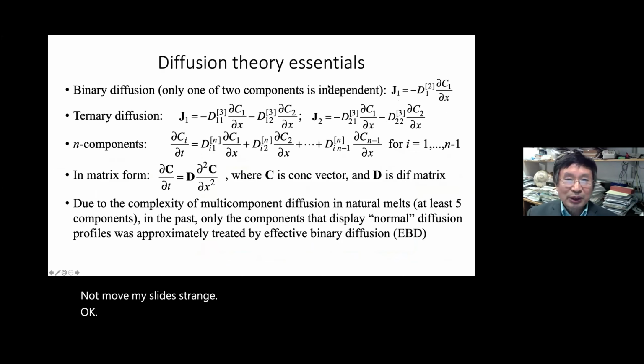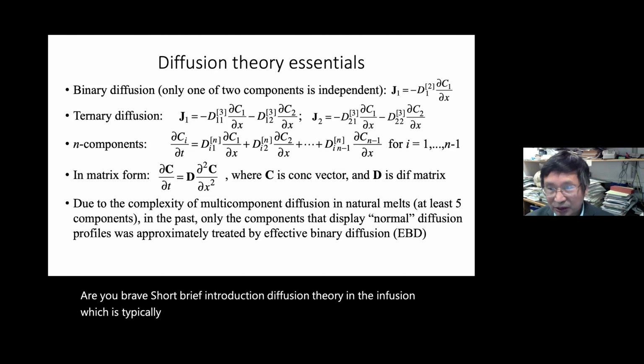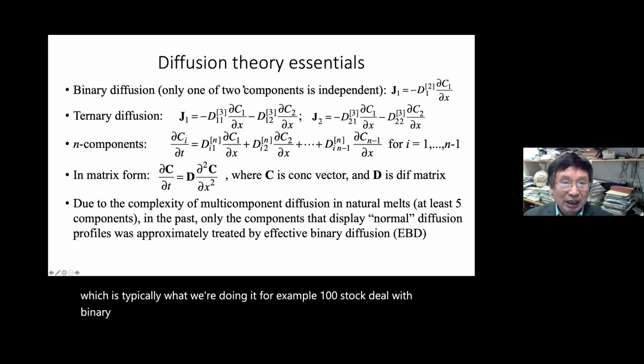Let me start with diffusion theory, a very brief introduction. In the case of binary diffusion, which is typically what we're dealing with, for example, Hannah's talk dealt with binary diffusion, you only consider the diffusion of one component. If it's a binary system, then only one component is independent.